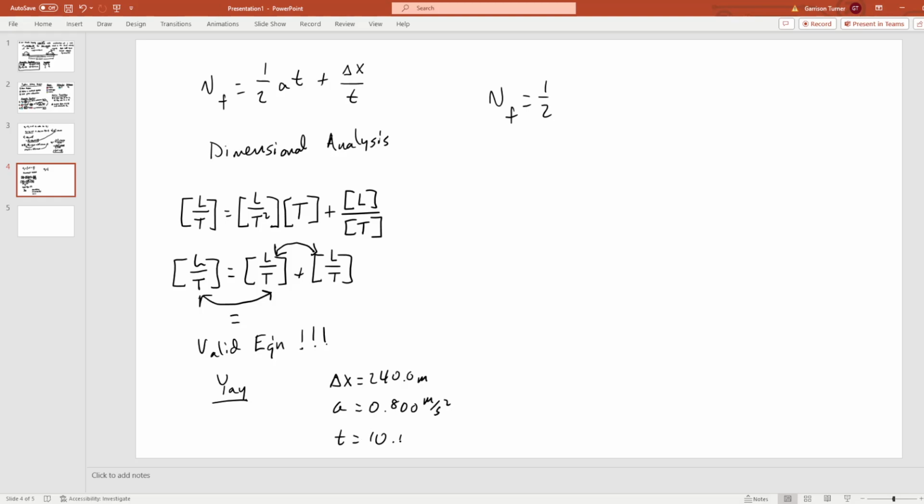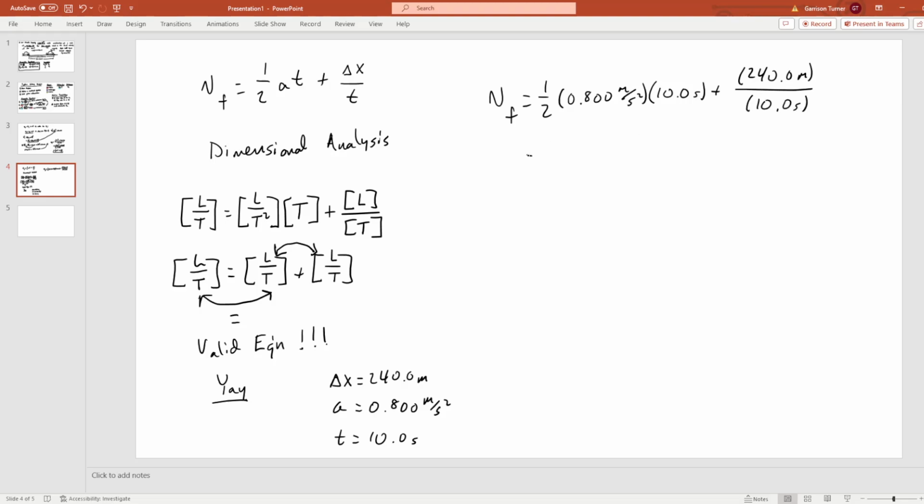And T was 10 seconds. Okay. So 1/2 AT. So 1/2 0.8 times 10 seconds plus 240 meters divided by 10 seconds.